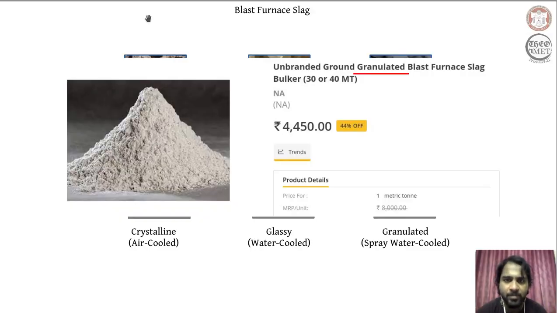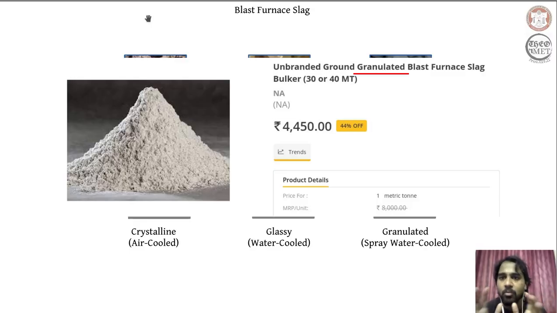Now in this session, besides considering the predominant way in which the blast furnace slag is being managed, we will understand why it is the granulated slag that is sold for a price, not the crystalline one or the glassy one. Essentially, the properties rendered by the slag, in addition to the chemical composition, are based on the way the molecules are arranged.